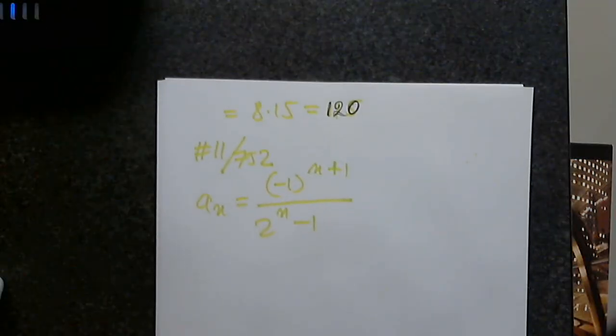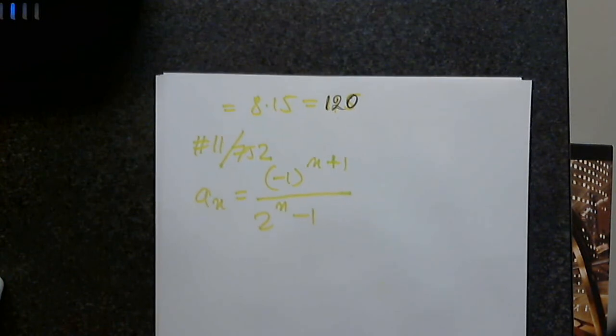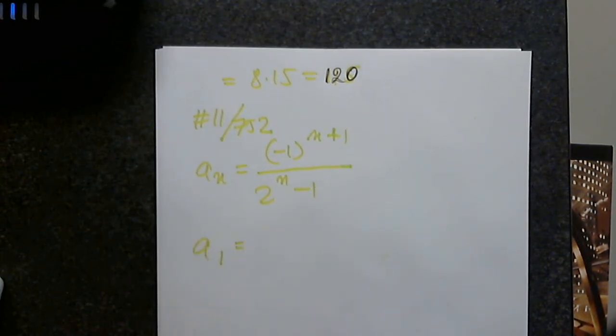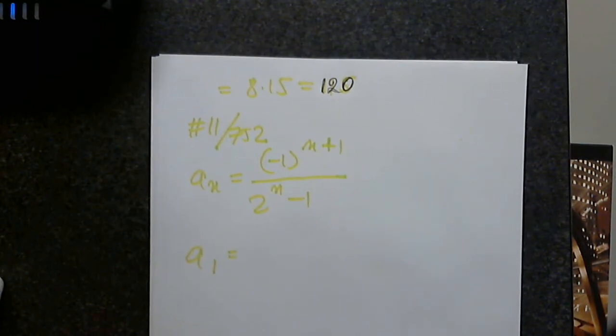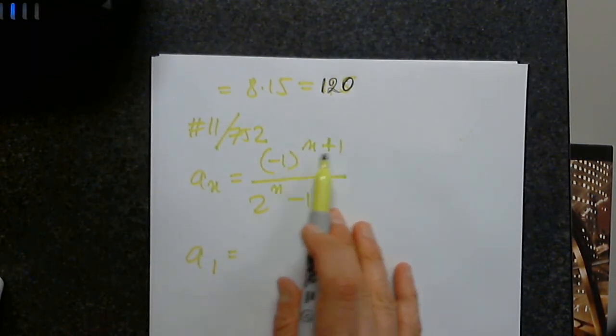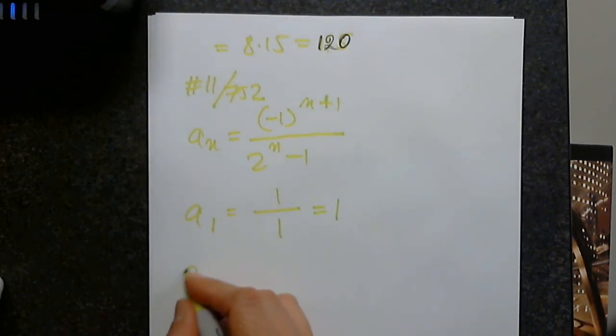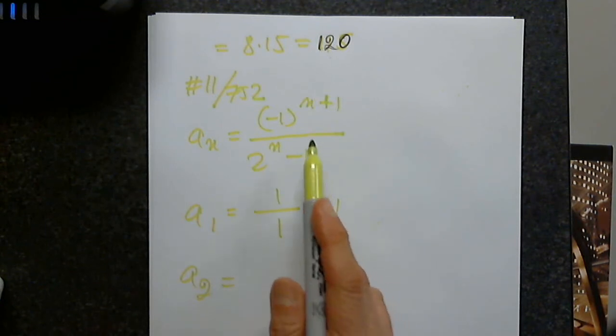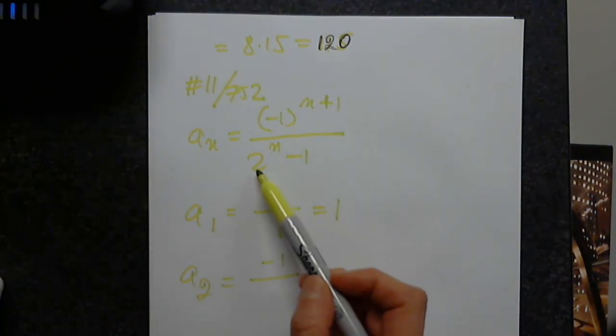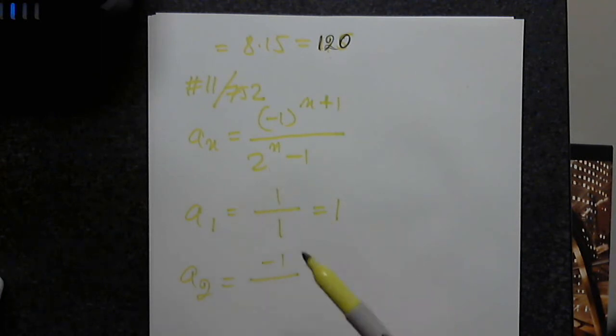So, A1, what do I do? Plug in 1. It's a function in which I have to plug in 1. 1 plus 1 is 2, negative 1 to the second power is 1. So 2 to the first power is 2, 2 minus 1 is 1, the answer is 1. A2, negative 1 to the third is negative 1. 2 squared is 4, 4 minus 1 is 3.